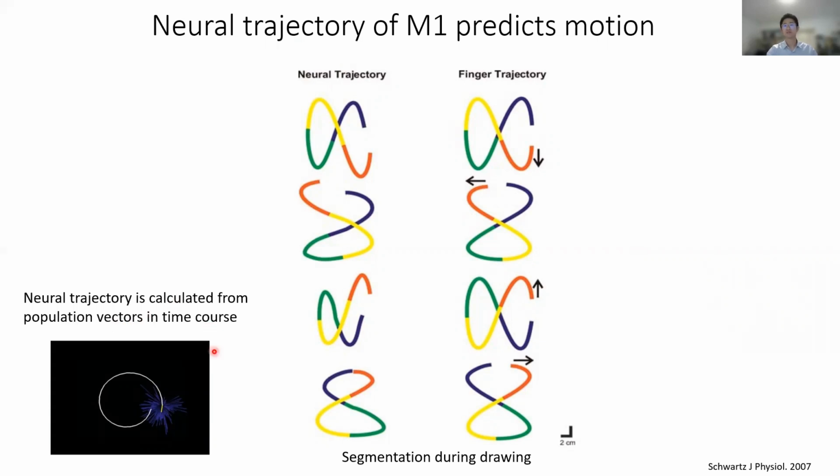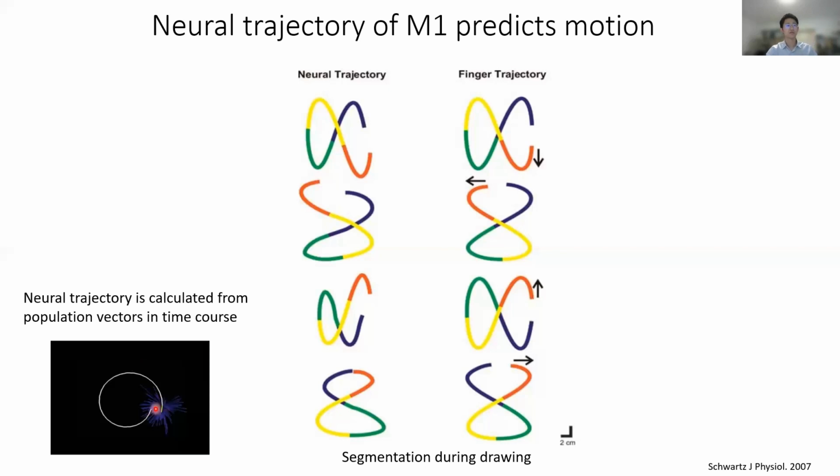This is still a monkey experiment: we ask a monkey to make a movement over time, and at each individual time point we can use the population vector to get the direction tuning at that particular point. Then we calculate the next point, and we get the direction, so the neural trajectory is the direction of this velocity.